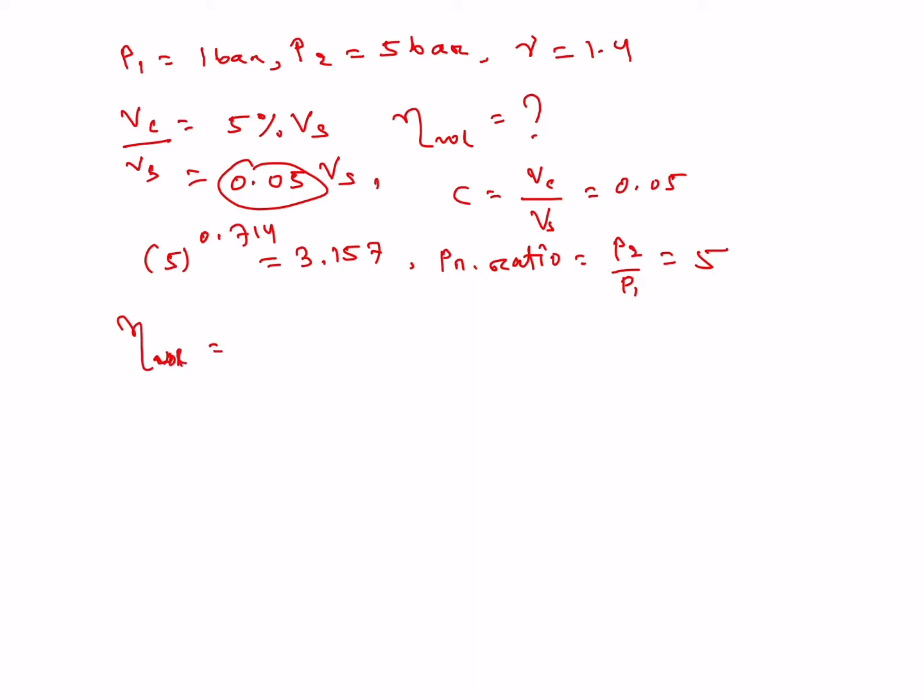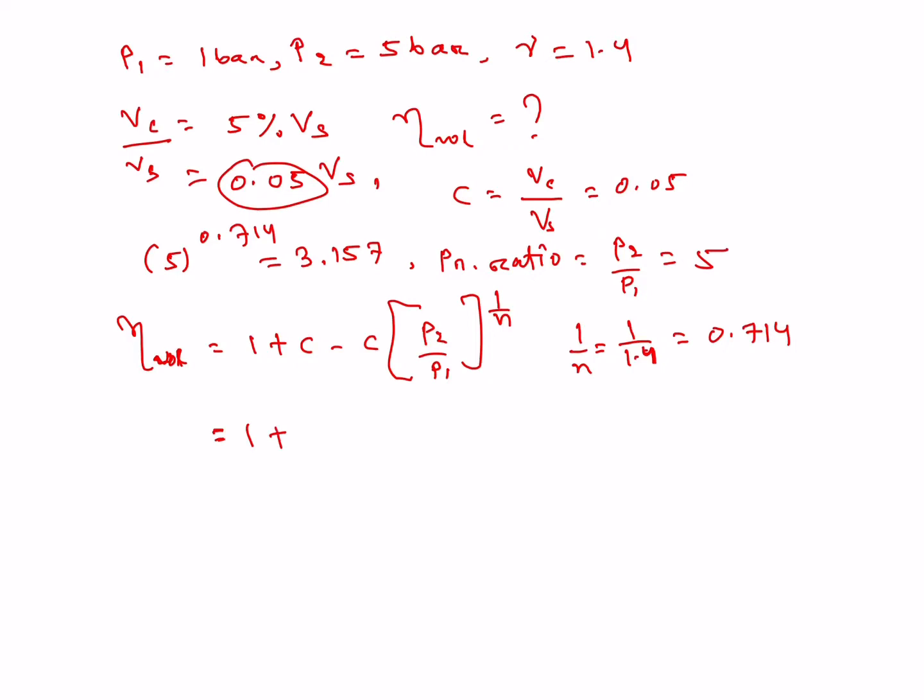Volumetric efficiency formula: 1 plus C minus C into (P2 by P1) to the power 1 by n. 1 by 1.4, or 1 by n, equal to 0.714.